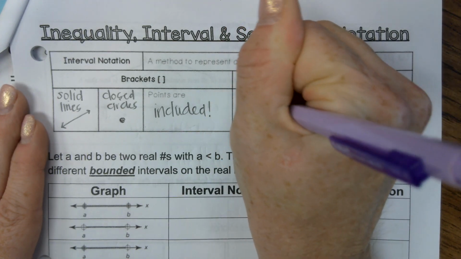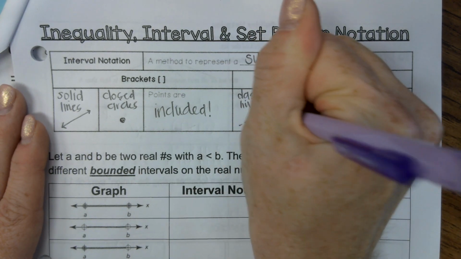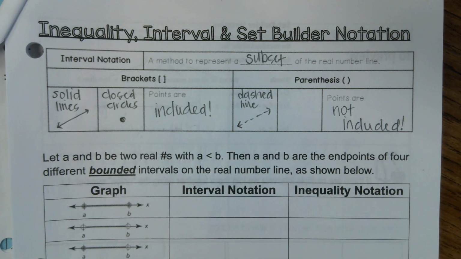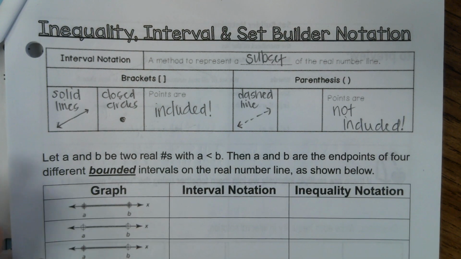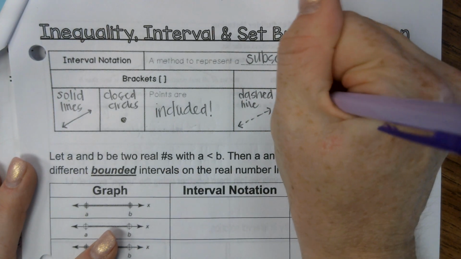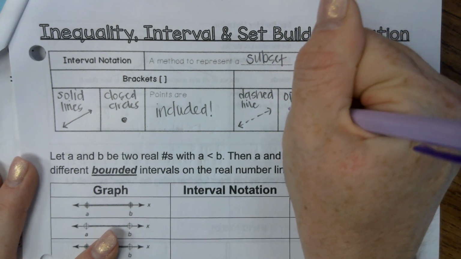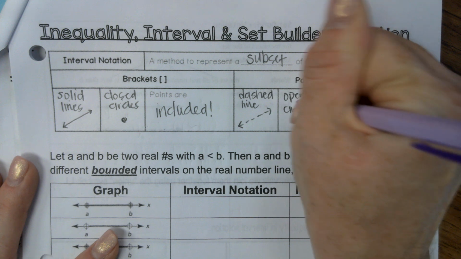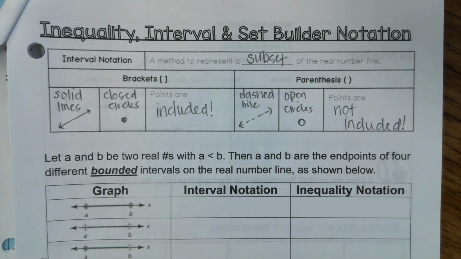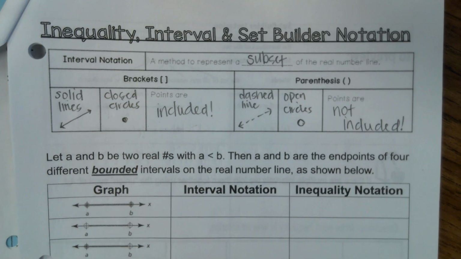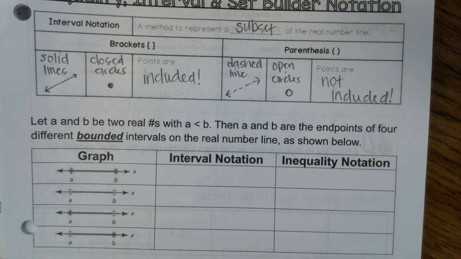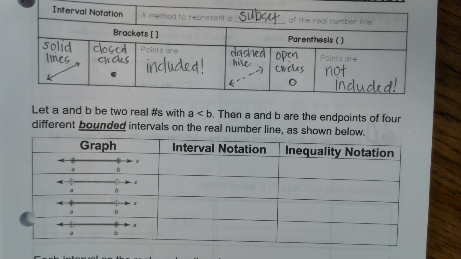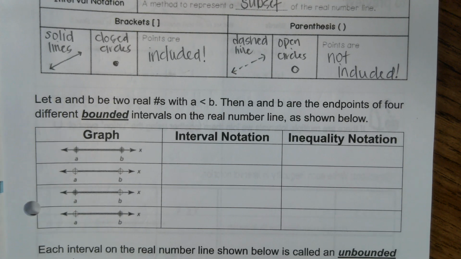So a dashed line, a dotted line might look something like that. That just means this is the guideline, but it's not actually that value. Okay, and this is where I also have open circles. So maybe I have an open circle plotted on a number line. Okay?